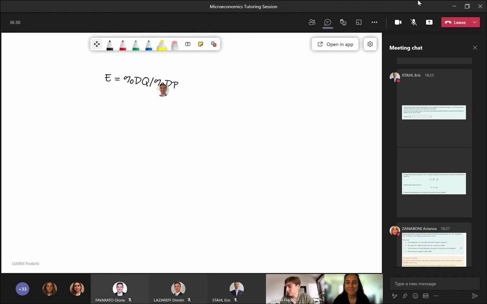Okay. And here we have a change in price. So percentage delta P is equal to 10%, which is equal to 0.1. And then you know that the elasticity is -2.